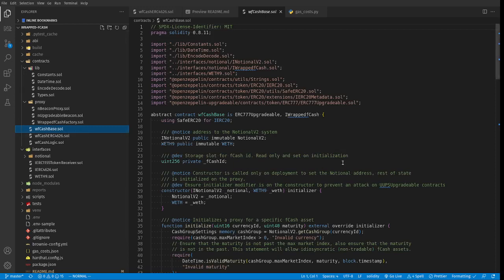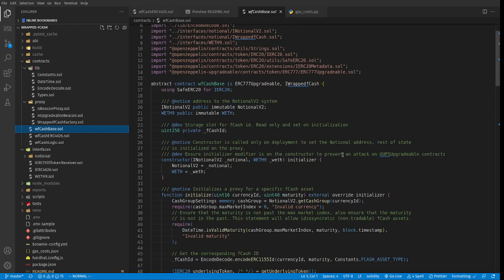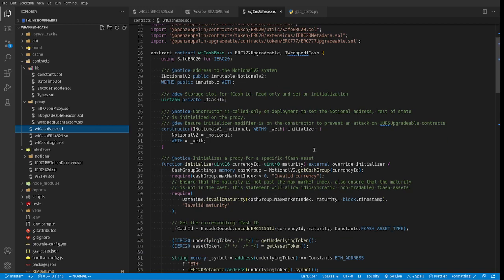So now we'll start looking at the wrapped fCash base contract. Now remember again, this is going to be an upgradable beacon implementation contract. So we have two quote unquote initialization functions here.